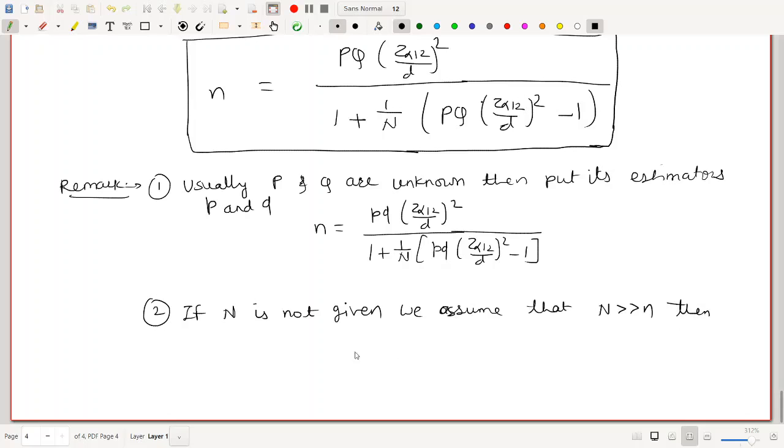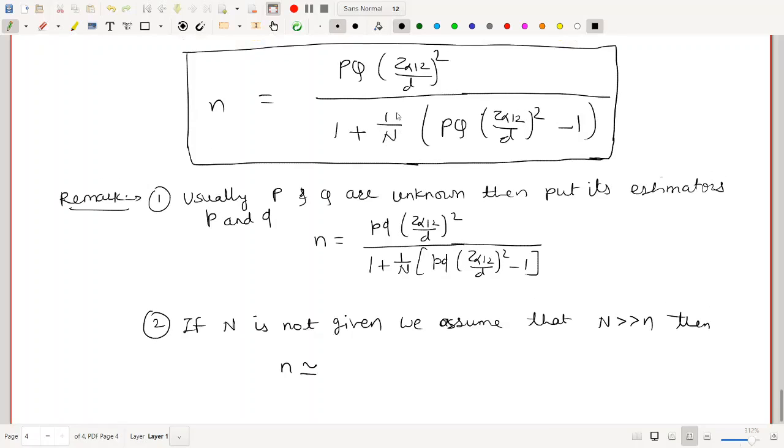Then the approximate value of small n will be, if capital N is very large, means suppose it tends to infinity, then this quantity becomes 0 and small n will be small pq into (z alpha by 2 by d) square.